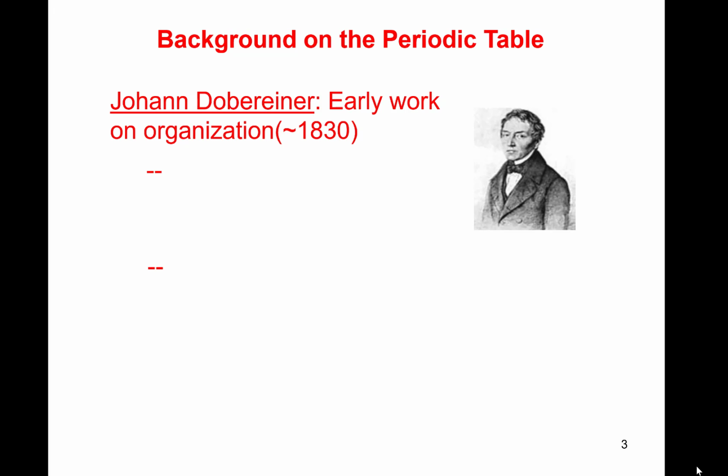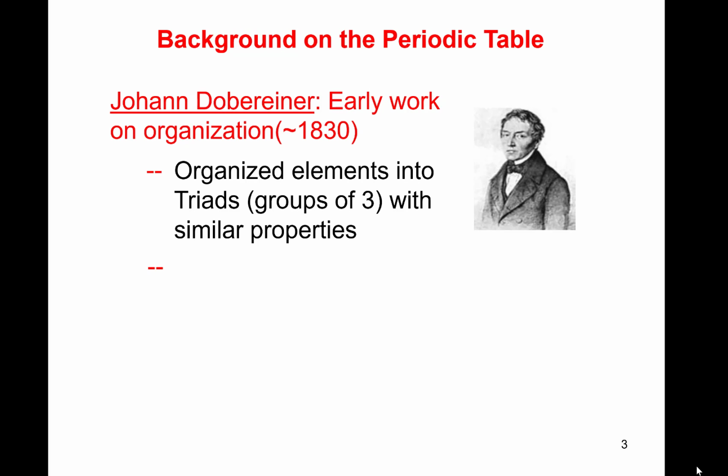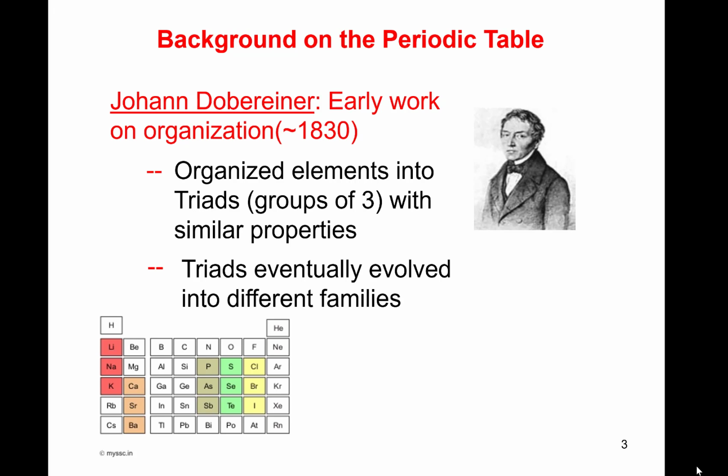Dobereiner did some early work on organizing the periodic table around 1830. What he did is he organized the elements into groups of 3, called triads, that have similar properties. So those elements eventually evolved into different families.